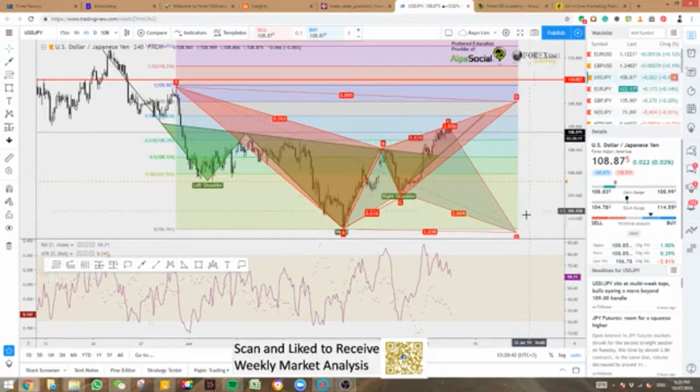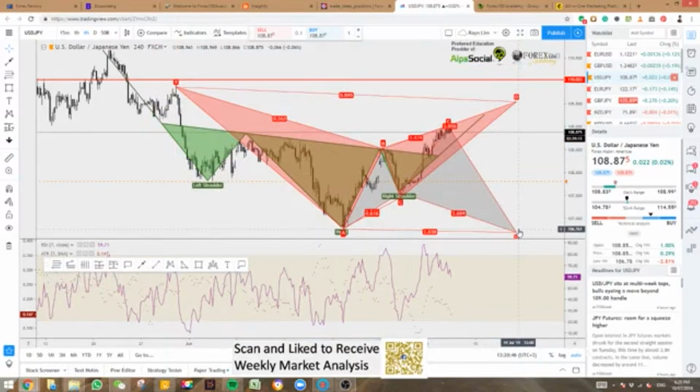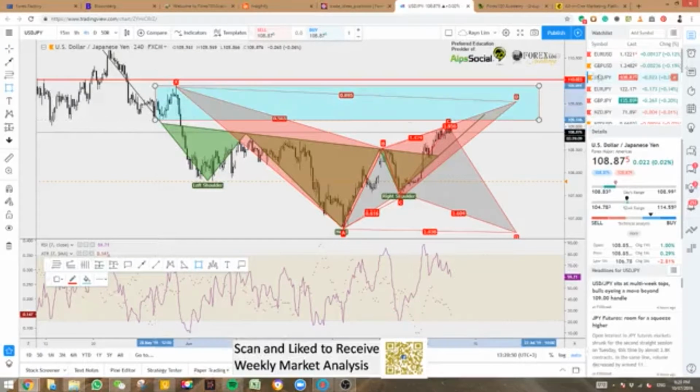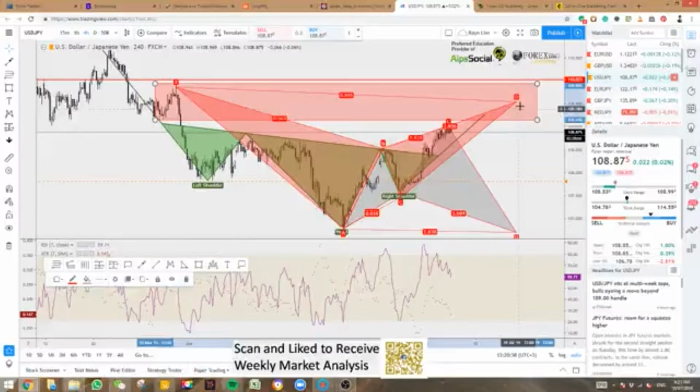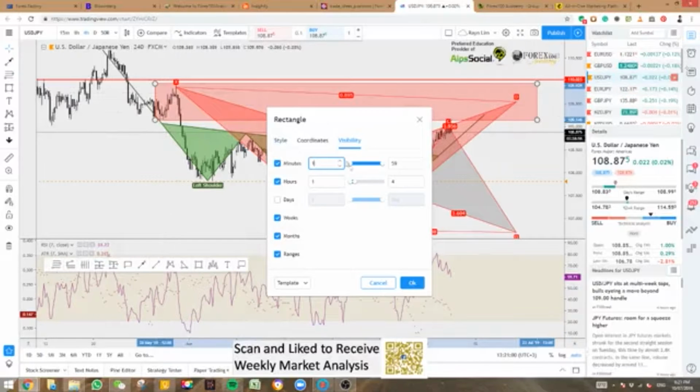Good on that, Eugene. Well done. The bearish bat formation also gives a sell zone, a selling price at this range, the pullback range over here.